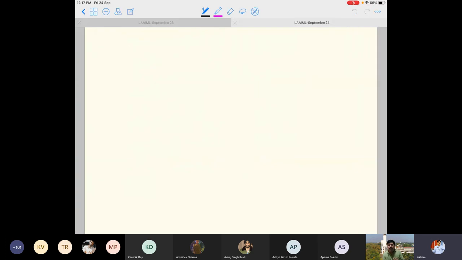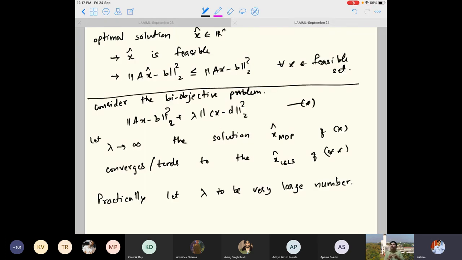Because of this connection between these two problems, many times people get confused and are not sure what you are exactly doing. But one thing you have to understand is that in the bi-objective problem, the star problem that I have written, I am minimizing norm of Ax minus b whole square plus lambda times norm of Cx minus d whole square.